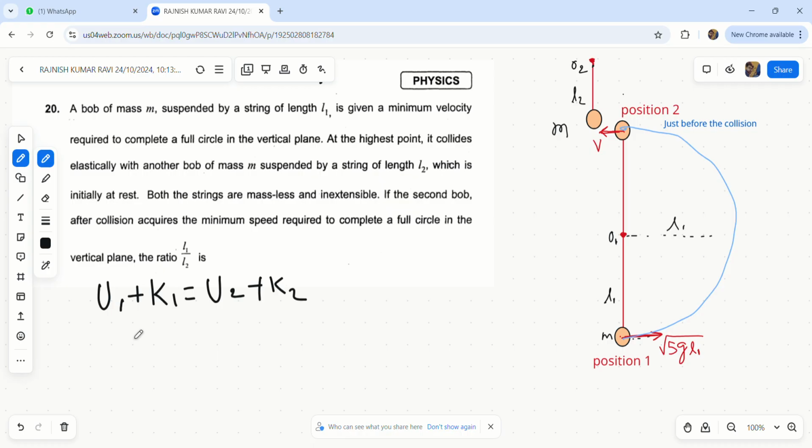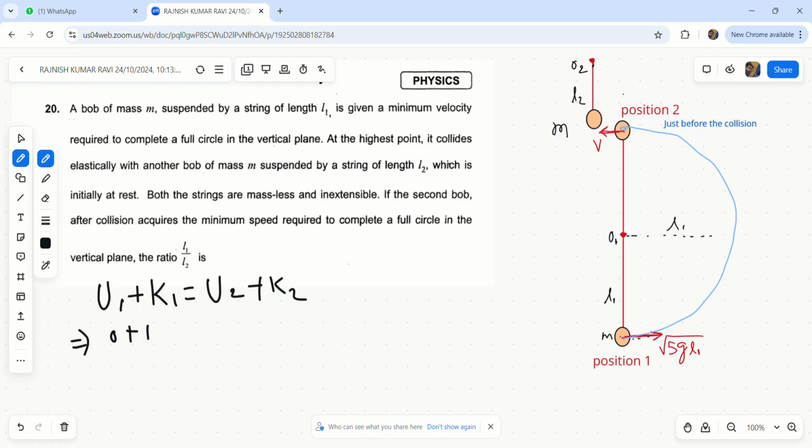U1 is the potential energy of the bob at position 1, K1 is the kinetic energy there, U2 is the potential energy at position 2, and K2 is the kinetic energy there. Taking position 1 as our reference point, the potential energy at position 1 is 0.